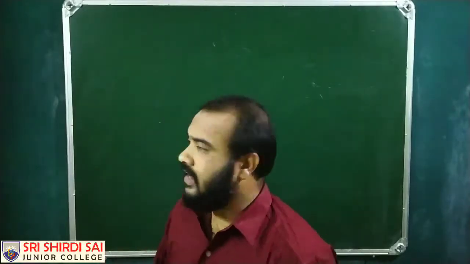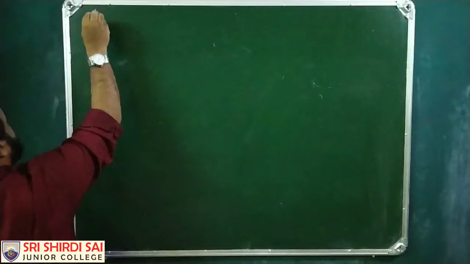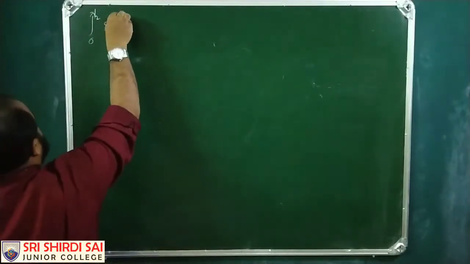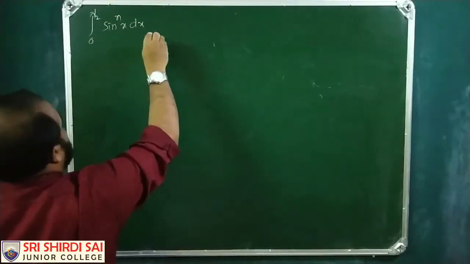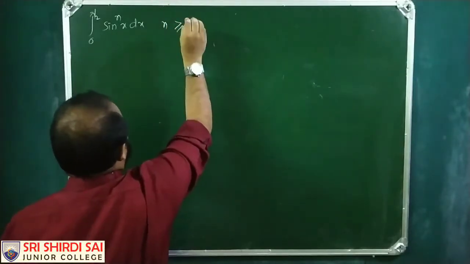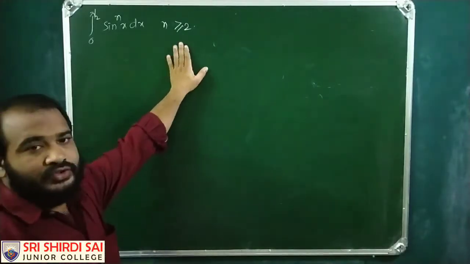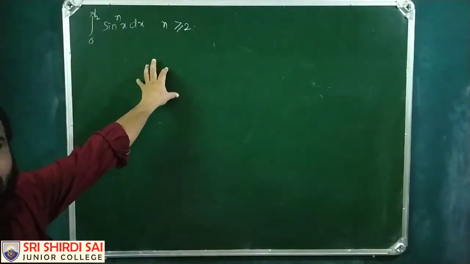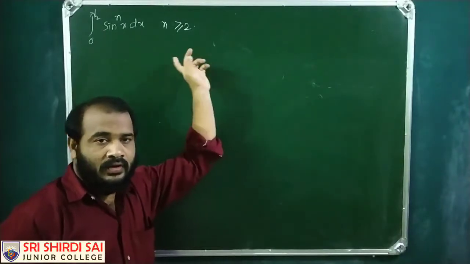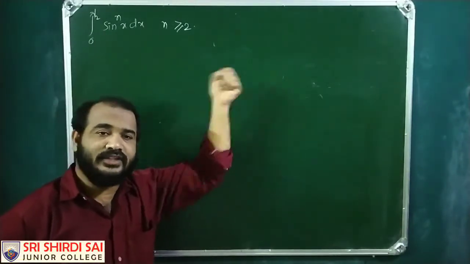So let us evaluate integral 0 to pi by 2 sine power nx dx, where n is an integer greater than or equal to 2. For n greater than or equal to 2, we are going to establish a relation called a reduction formula.